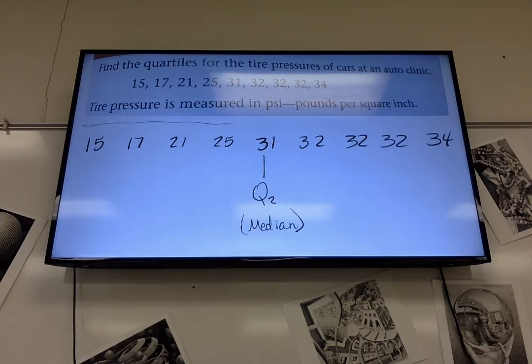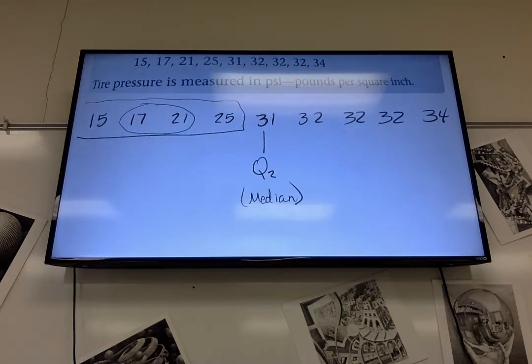Then you look at the lower half and you find the median of all the numbers that are to the left of the median. Well, there's 4 numbers, so we're going to have to use these 2 in the middle. 17 plus 21 divided by 2, 38 divided by 2 is 19.